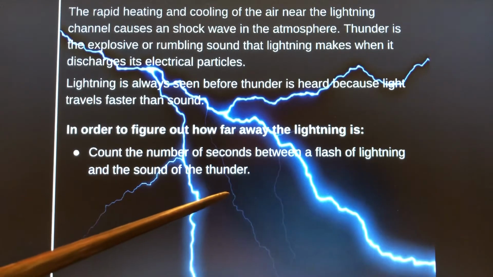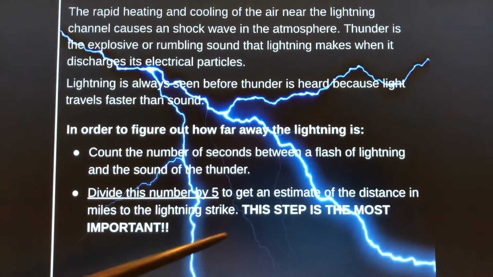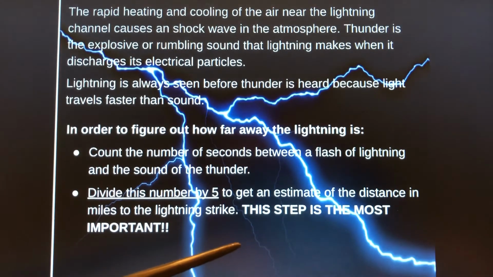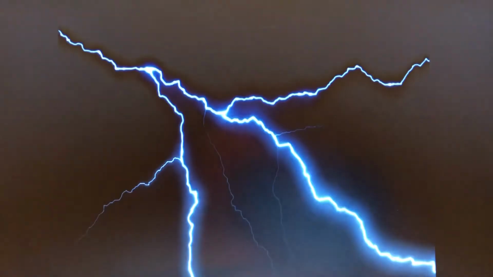After you count the number of seconds, you have to divide that number by 5. That's how you get the estimate of how many miles away the lightning strike is. This step is most important because otherwise the lightning's closer than you think it is, and you're in grave danger.